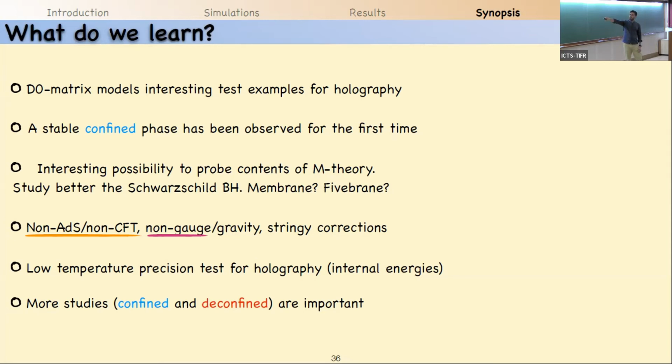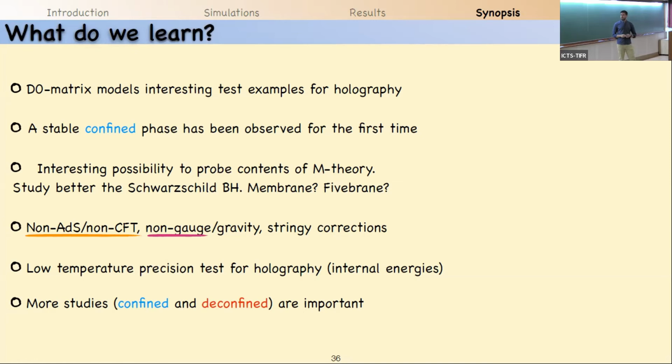So the idea of the singlet constraint actually tells whether or not gauge symmetry is important to understand gauge-gravity duality. And at low temperatures, precisely for the matrix model, it seems that it doesn't play a very important role.